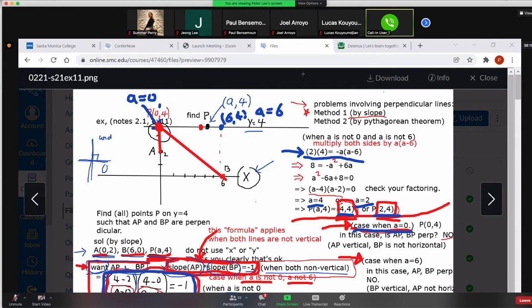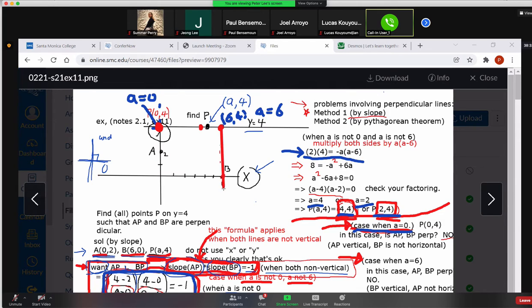Now let me go back here. What happens when A is equal to 6? When A is equal to 6, the point is 6, 4, right here. Now in this case, are AP and BP perpendicular?